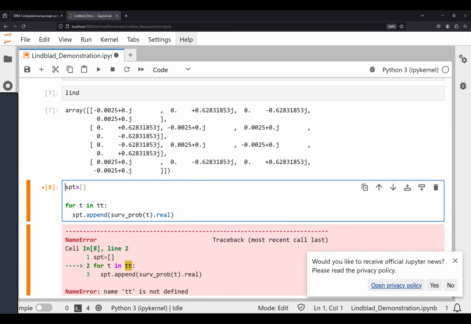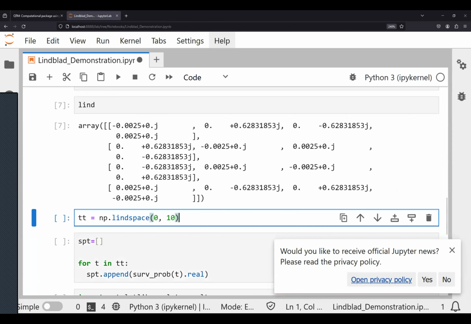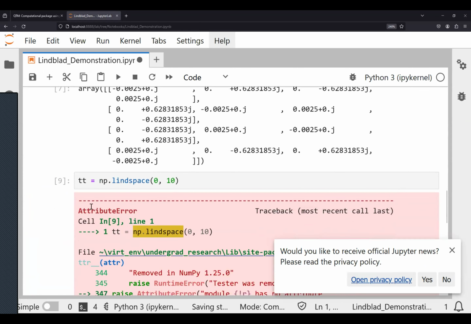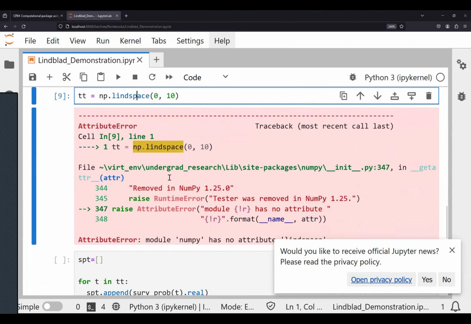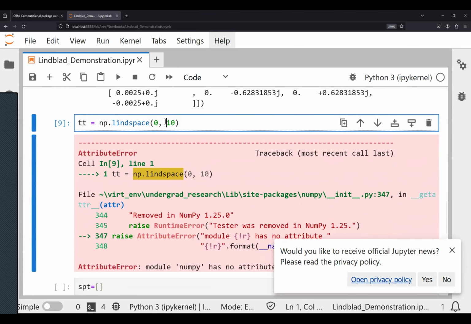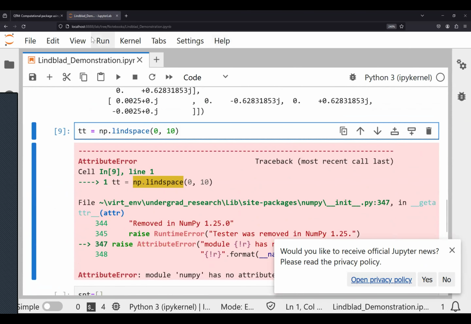No, I think the function name, I have it in a different file.